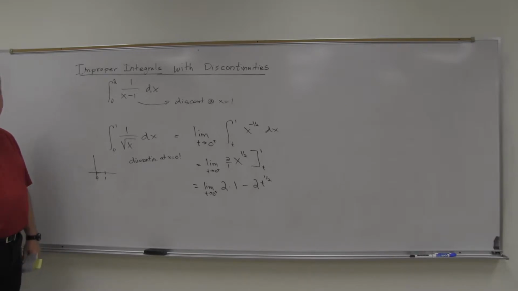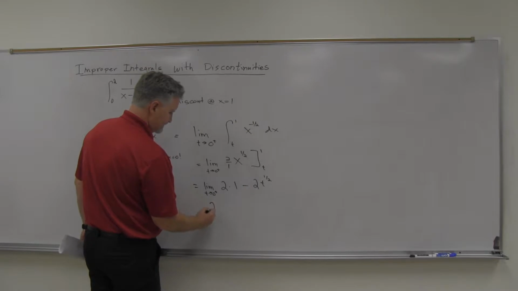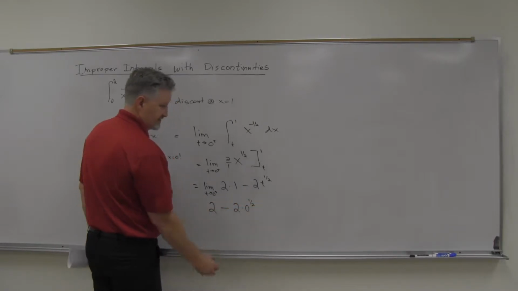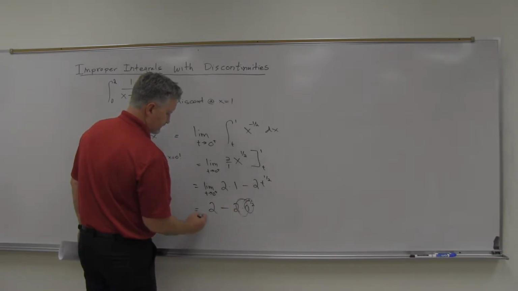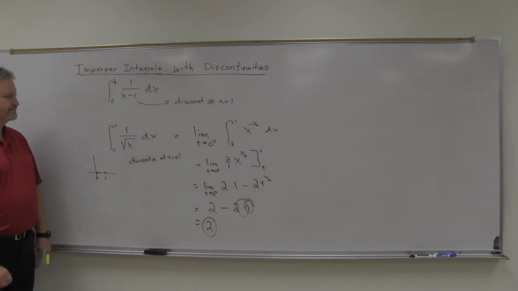This one's pretty easy now, isn't it? Because I can't plug in t to be 0, but as t goes to 0, that's just 0, which makes that term 0. So it's just 2.